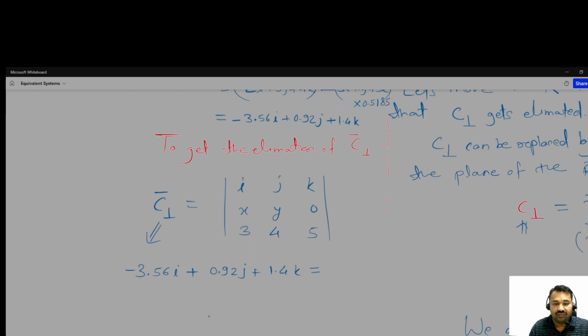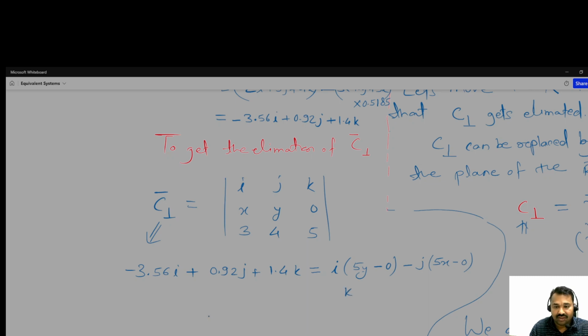So it's equal to, we have i and then 5y, and 4 is multiplied by 0 here, that's why 0, and then minus j, and x is multiplied by 5, so 5x, and 3 is multiplied by 0, that's why 0. And what about the k?